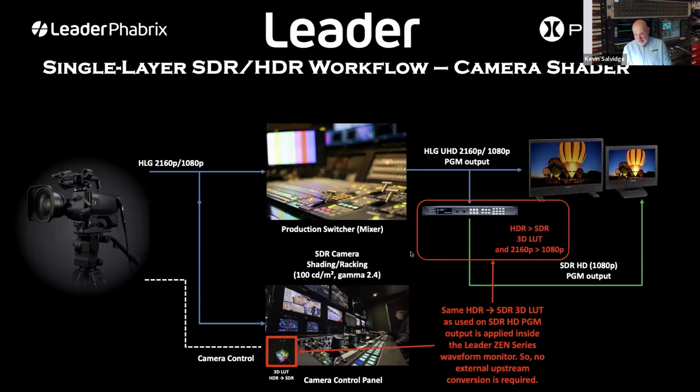So rather than having to convert IP to SDI to bring it into a monitor, you've got the SDI LUTed output, and that can either be HD, Quad 3G, or now 12G SDI to that monitor. So again, it's removing the moving parts. It's simplifying the live production.